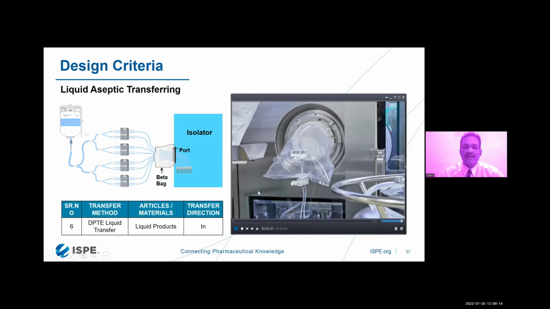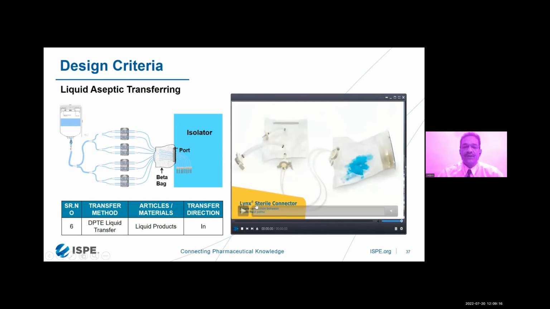This particular video, which I'm going to run, will show you basically how these connections with the single-use technology you can do for the isolator. After this, there will be a video which will show you exactly how the connections are being done.